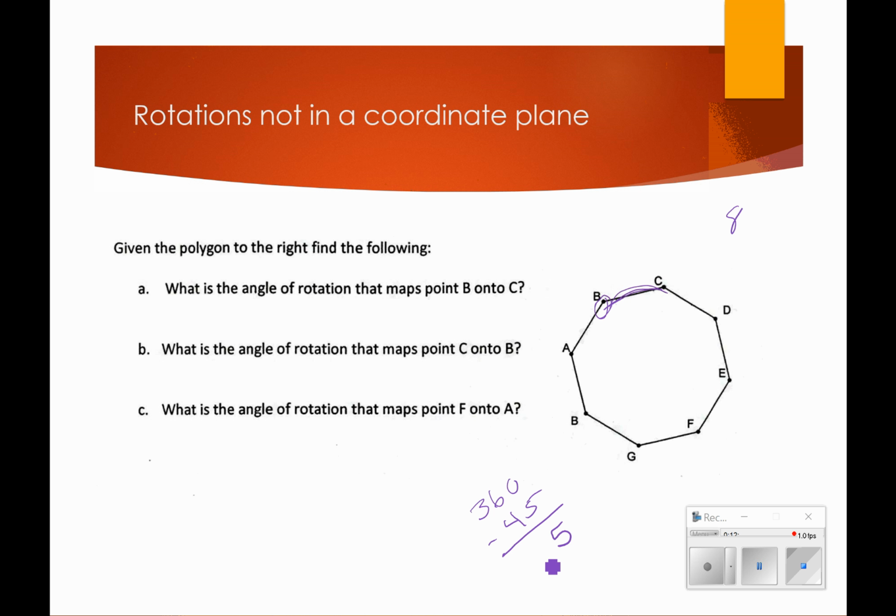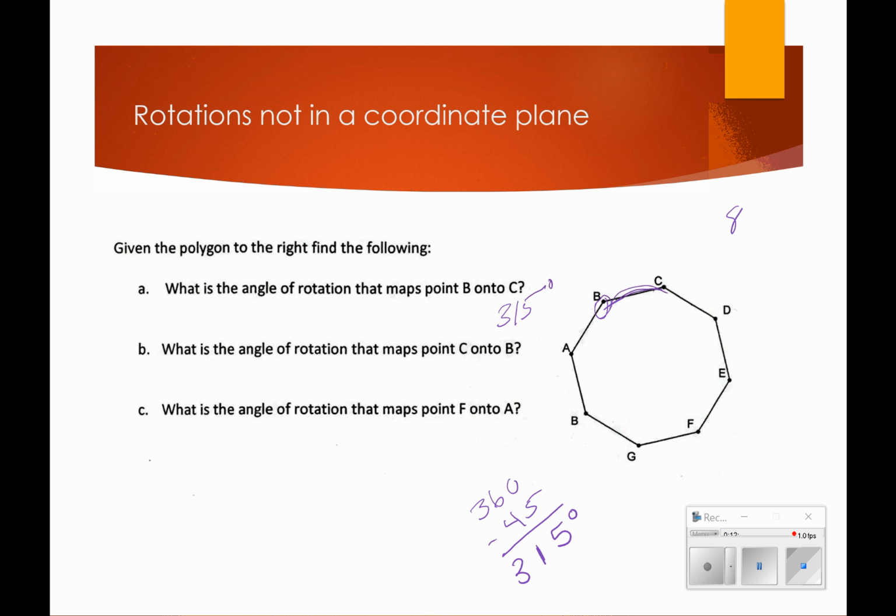So it's going to give me 315 degrees. So to go counterclockwise, it would be 315 degrees. If I was going clockwise, it's only 45. So that might reinforce what I was trying to say earlier about if we go clockwise 270, it's the same as counterclockwise 90.